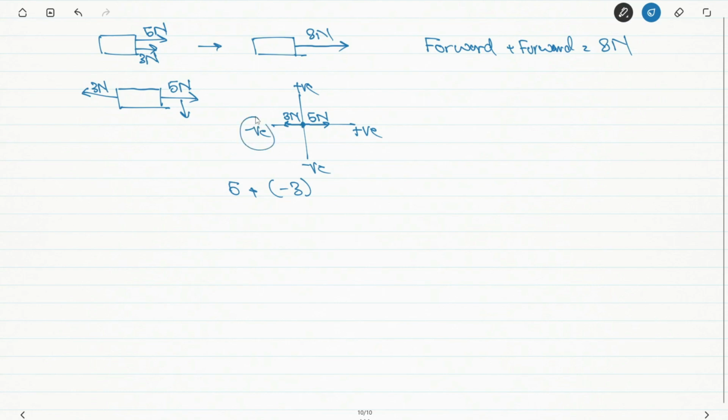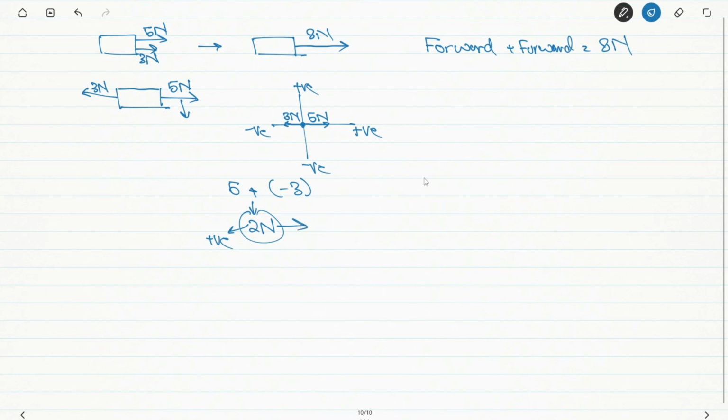We have to assign these values ourselves, and you can do it the other way around as well, right? And I'll show you how to do this. So this is 2 newtons to the right because we have assigned it a positive 2, and we have assigned the positive value to the right side, so the 2 newton would be in the right direction. We would know it this way.